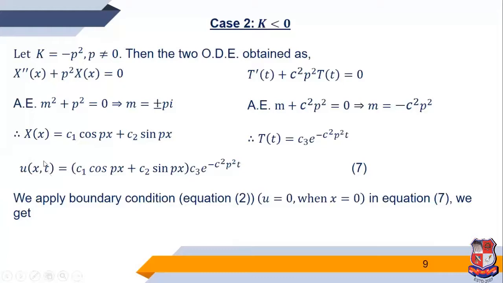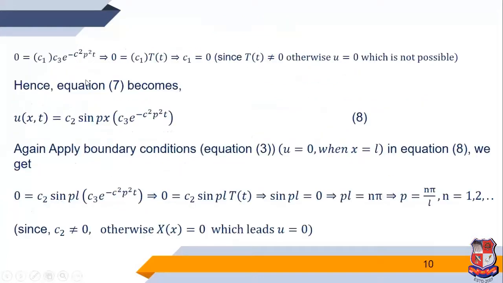So we write 0 is equal to c1 into c3 e raised to minus c square p square t. Again c3 e raised to minus c square p square t is nothing but T of t. T of t is never 0, because if we consider it equal to 0, that means u is equal to 0, which is not possible. Therefore we consider c1 is equal to 0.